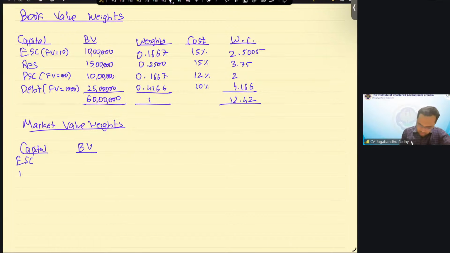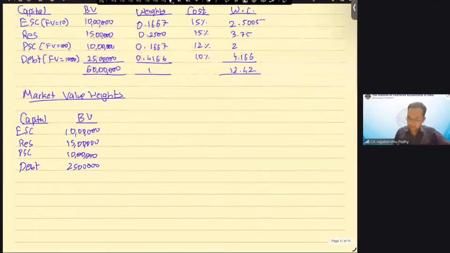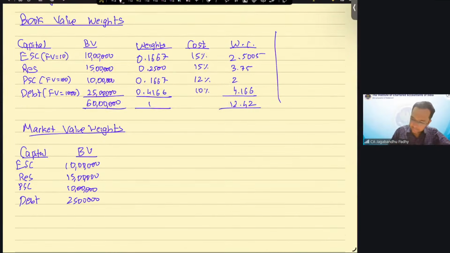But now in this situation, we are not looking at the book value numbers. Definitely we will consider book value to start with, but the weights will be based on the market value. Okay, so weights will now be based on market value. So let us say that market price of share is 40.